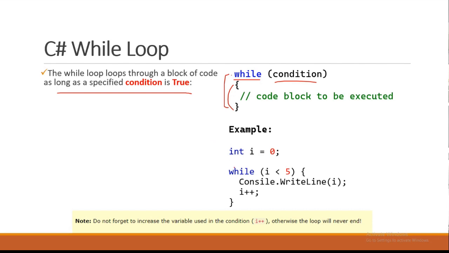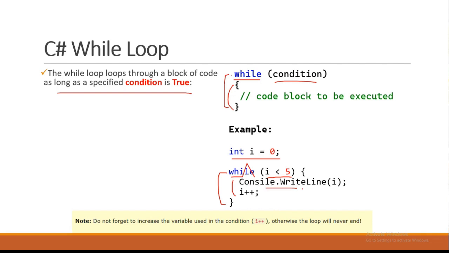Here is a while loop example. We have a counter, for example we name it i or counter, and we have to start the counter, of course, if we are going to define a specific number of times that the loop will repeat. Then the while loop starts: while the condition i less than 5, the code is executed between curly braces.